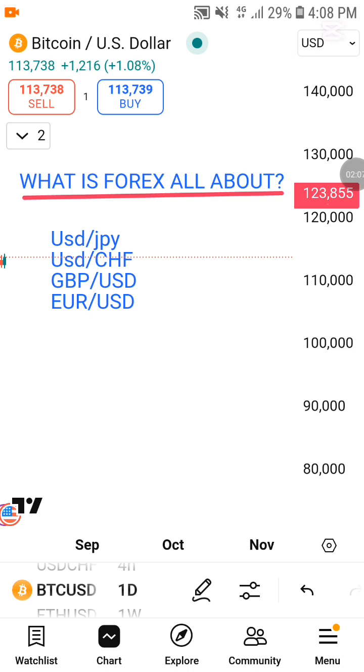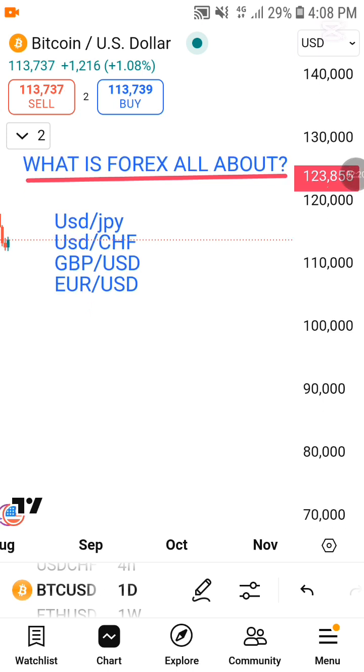USD and Japanese yen, and then US dollar and Swiss francs. This CHF is Swiss francs, and this GBP is Great British Pound. Do you get? Great British Pounds versus US dollars. And this EUR stroke USD is Euro versus US dollars. These two currencies are like they are playing against each other.